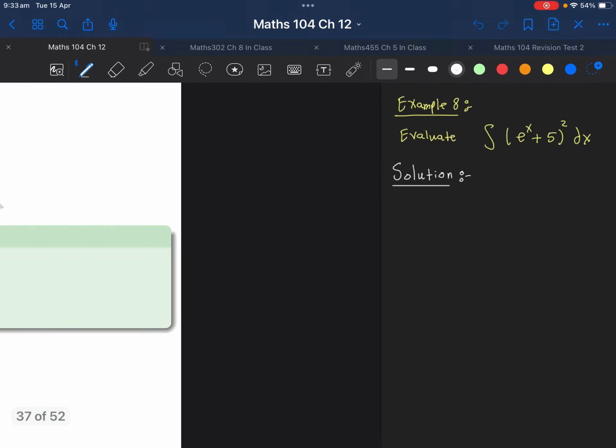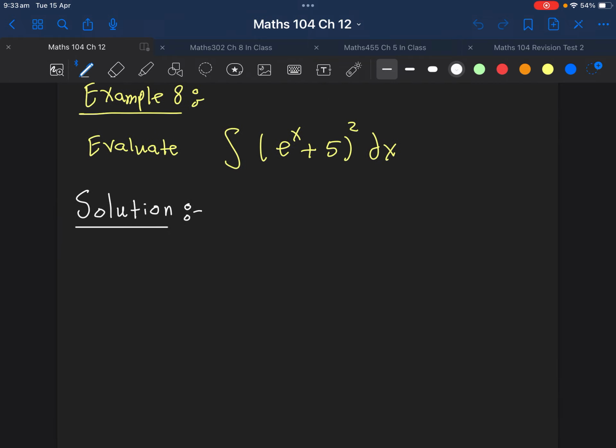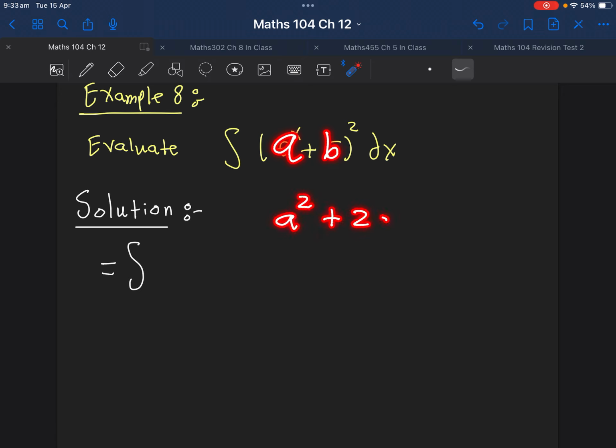Let's see some more examples. We go to this question here. In this example, the first step I will do is expand the square. Remember, if you have (a + b) squared, this will give you a squared plus 2ab plus b squared. That means the first square, the second square, and 2 times first times second.